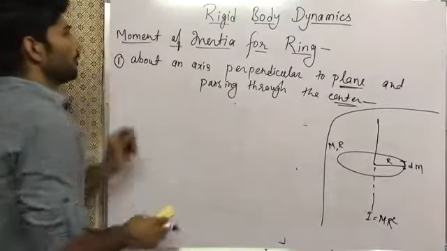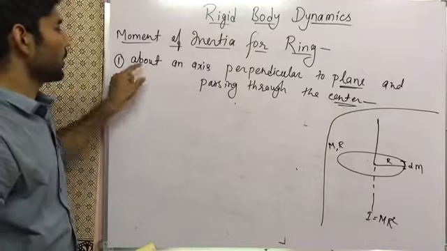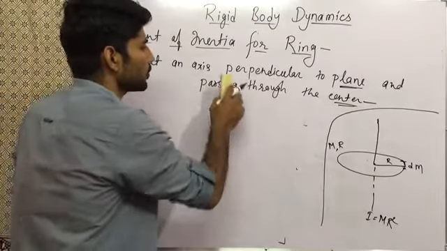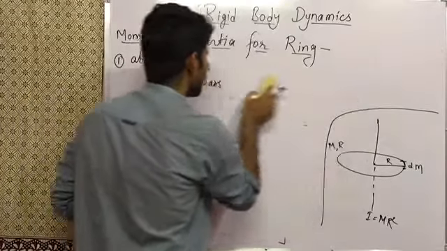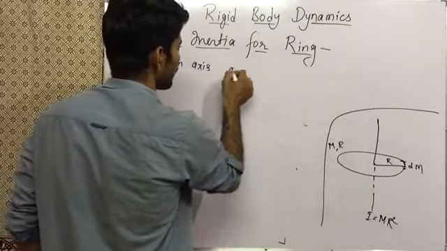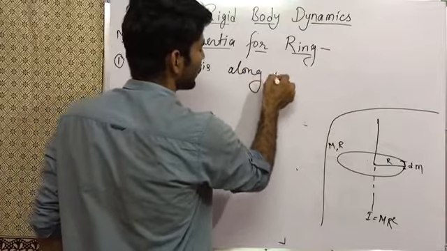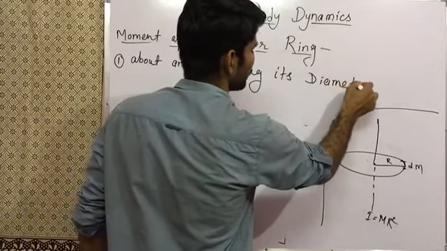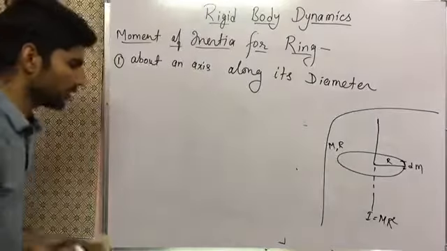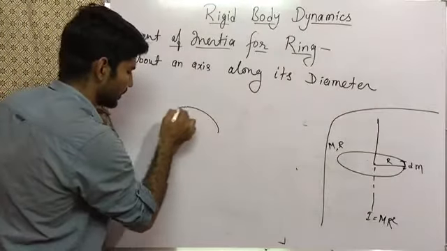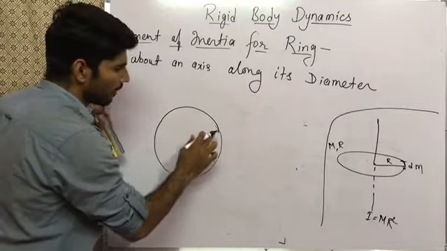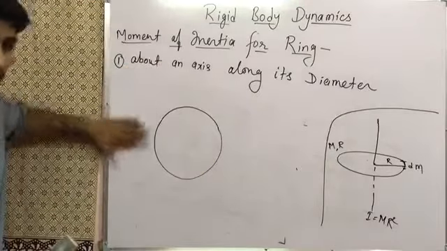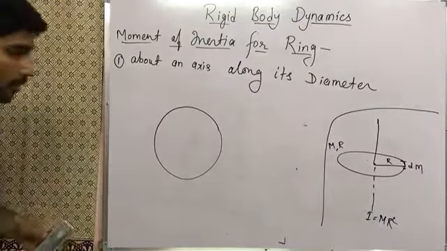Now we derive the moment of inertia for a ring about an axis, not perpendicular to the plane; this time we take it along its diameter. Now this ring is in the plane of the board.